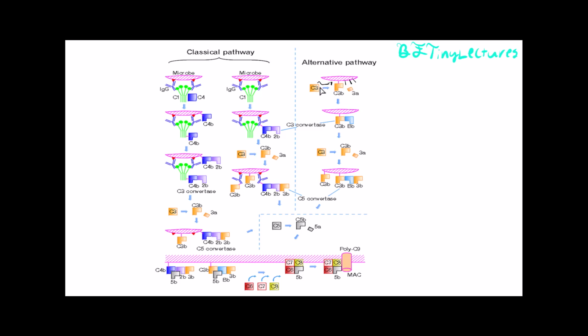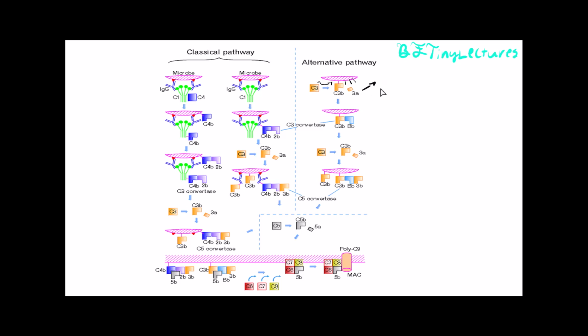And so the C3 is going to touch the surface of the pathogen, and it realizes, hey, there are no inhibitory proteins on the surface, I'm going to bind to it. So now we have the binding of C3. C3 is going to break apart into C3b and C3a. Now that it realizes there's something weird here, let me call for reinforcements.